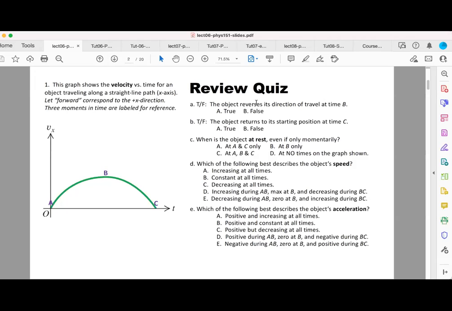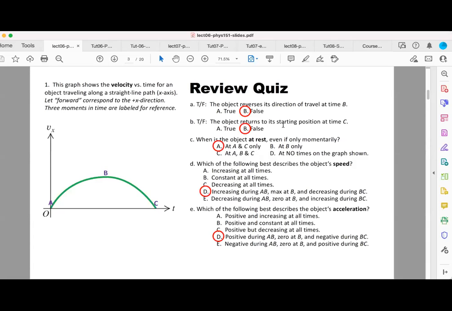Question A: the object reverses its direction of travel at time B. This is the velocity. Is the object reversing its direction of travel at time B? No, it's essentially false, right?